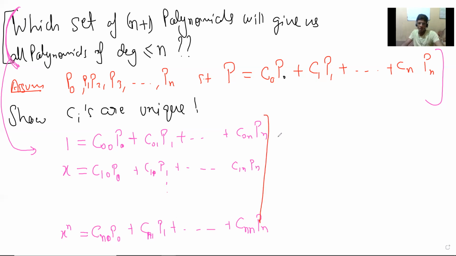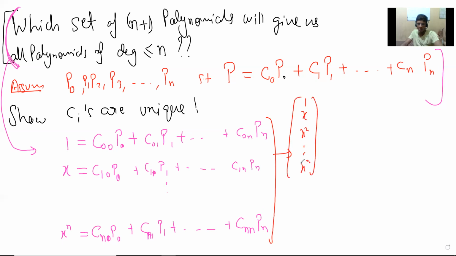So you can see what is basically happening: you are able to write these, and this is where you see the language of matrices comes in useful.